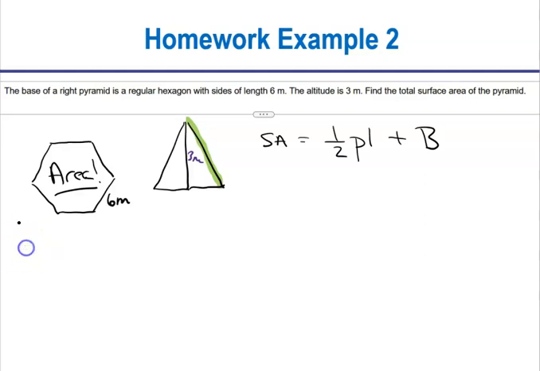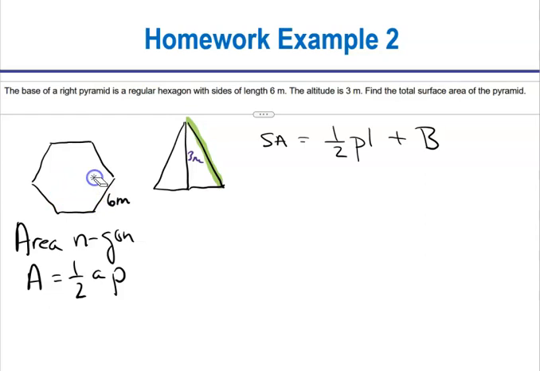So the area of an n-gon is 1/2 AP. What is AP? Well, we've already established P is a perimeter, right? Okay. Now, remember, you're talking about just two-dimensional space here. So we're talking about A is like the altitude of your triangle.